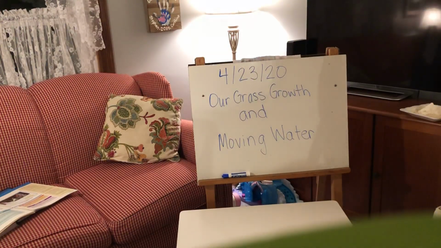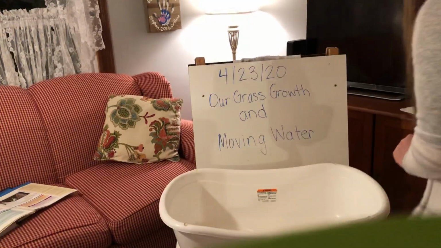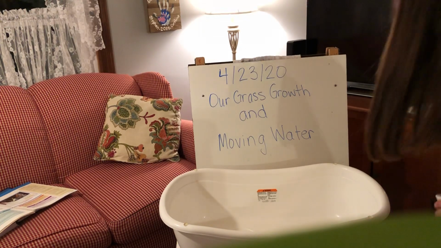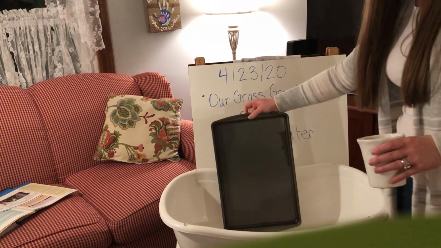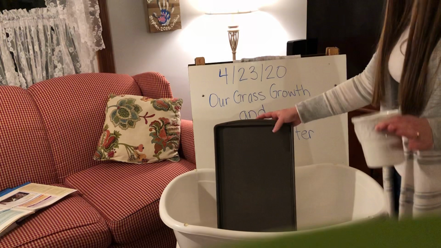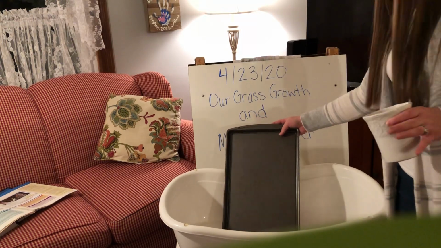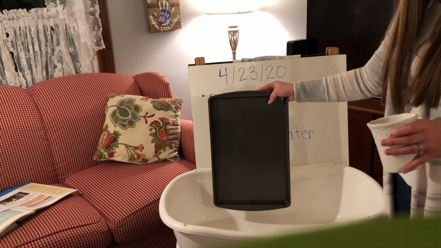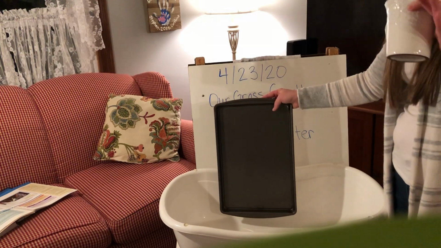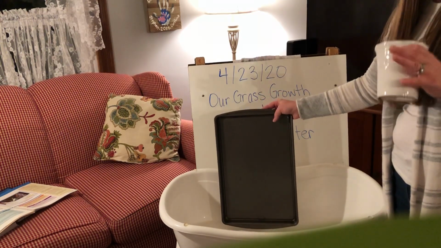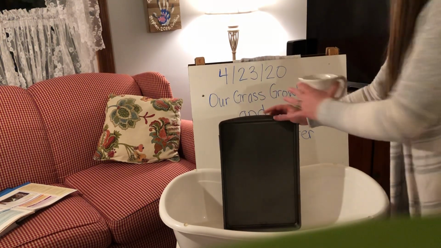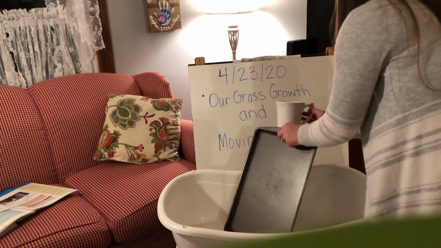So we're going to demonstrate a little bit of what happens. Here's Caroline's bathtub, and I have a baking sheet to represent our mountain. If a mountain is super steep, do you think the water is going to go really fast or really slow? It's going to go pretty fast.